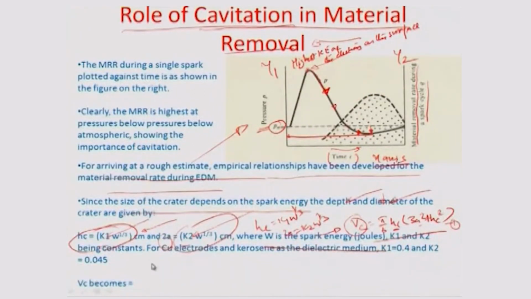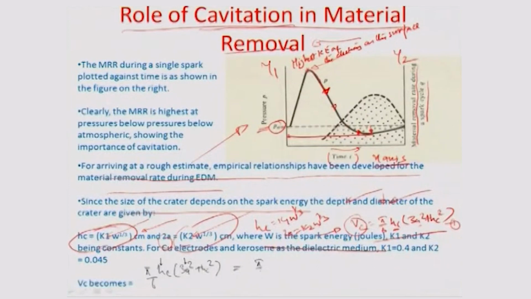So, as you know, this is equal to pi by 6 times Hc times (3a² + Hc²), and we just substitute the values obtained in both the cases.